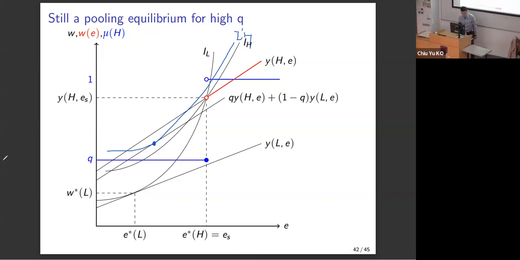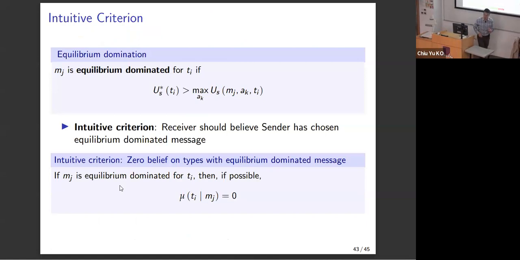So, I'm sorry, I want to talk about this last one. Even though you don't get it, I have to talk about it because this is a very important idea. This is what we call equilibrium domination. Equilibrium domination is slightly different.